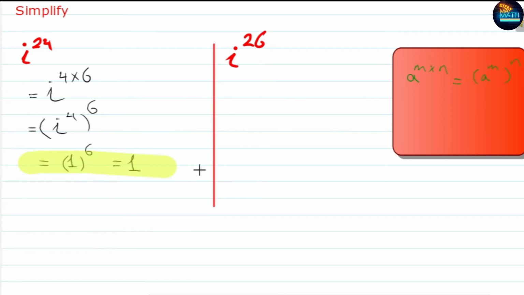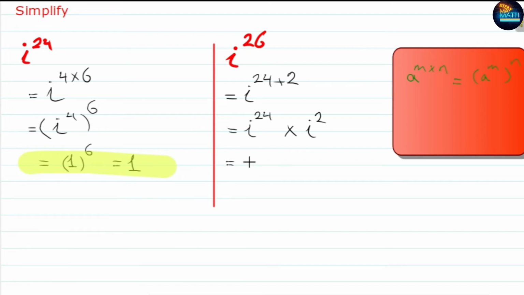Another example: if you have i to the power of 26, you know that the highest multiple of 4 under 26 is 24. So you can write it as 24 plus 2. You can break it up as i to the power of 24 multiplied by i to the power of 2. You know the rule, of course.